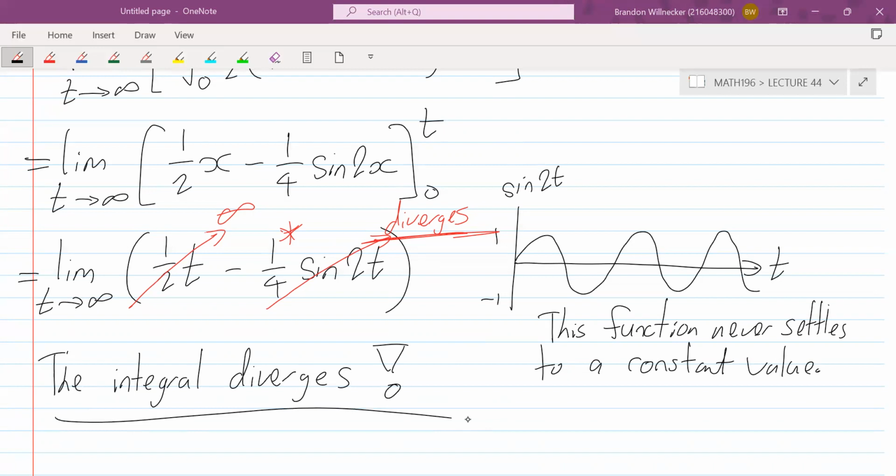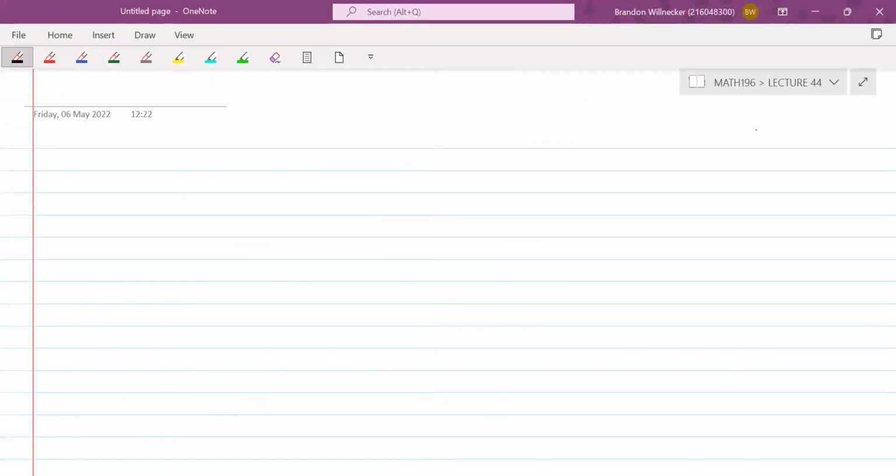Okay, let's have a look at another example. Example 3. We have the integral from 1 to infinity of the natural log of x over x squared. So we want to work this out. Now, let's just check if there's any asymptotes.